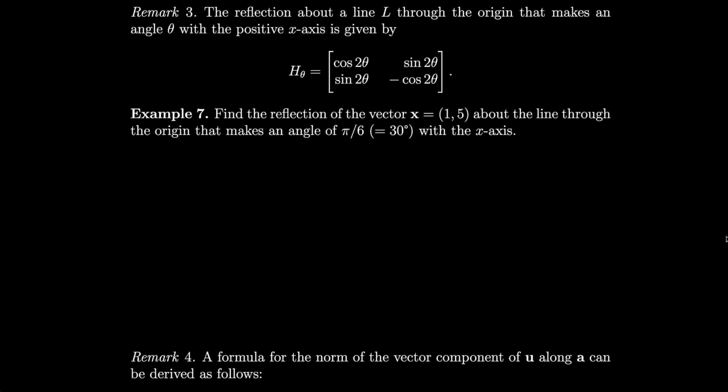The reflection about a line L through the origin that makes an angle theta with the positive x-axis is given by H of theta equals cosine 2 theta, sine 2 theta, sine 2 theta, minus cosine 2 theta. We could just verify this real quick by drawing this out.